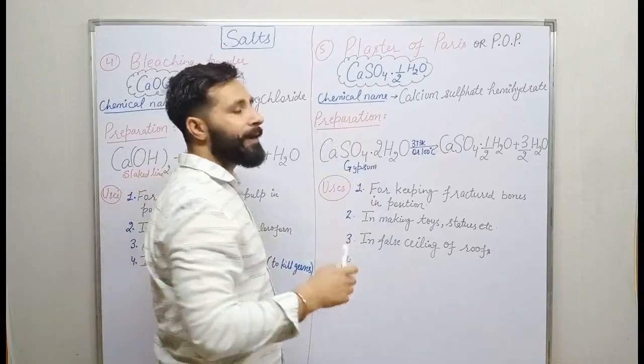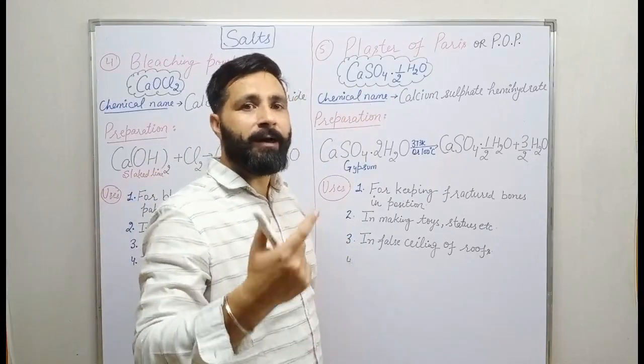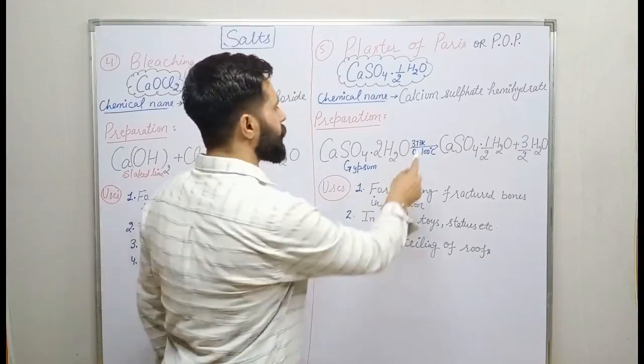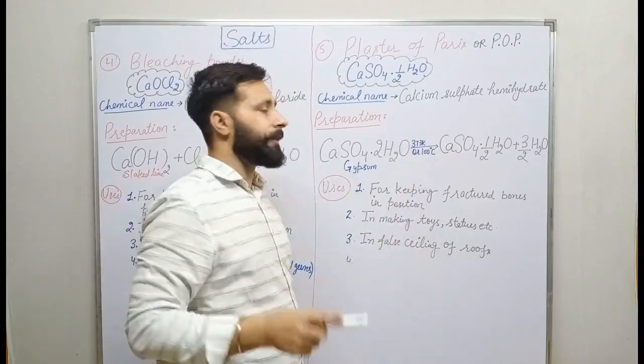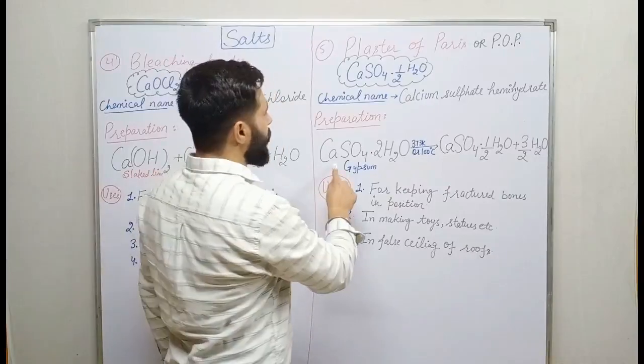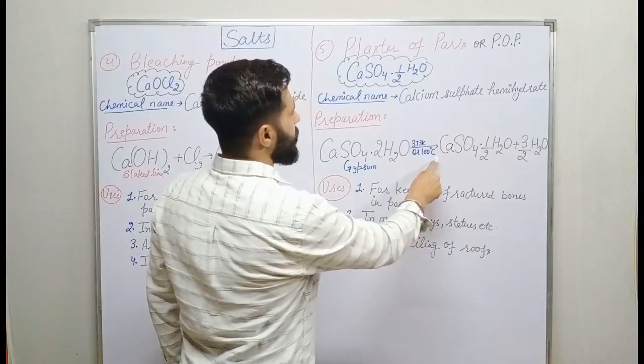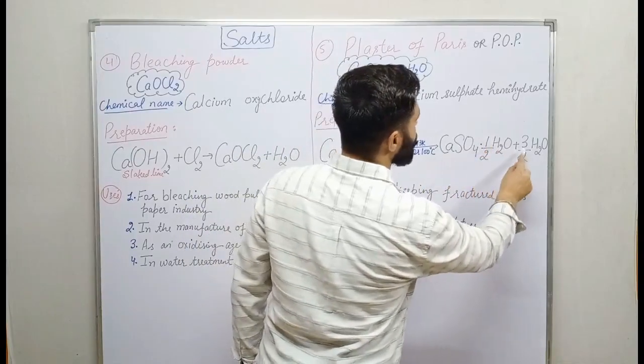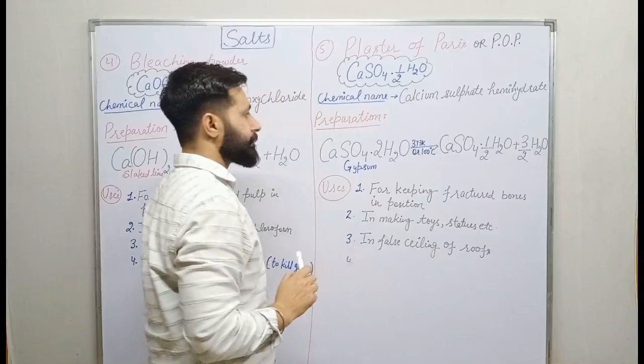It is prepared by heating gypsum at 100 degrees Celsius or 373 Kelvin. Both are same, you have learned in 9th grade. So when gypsum is heated, the two water molecules separate into half and 3/2 H2O.